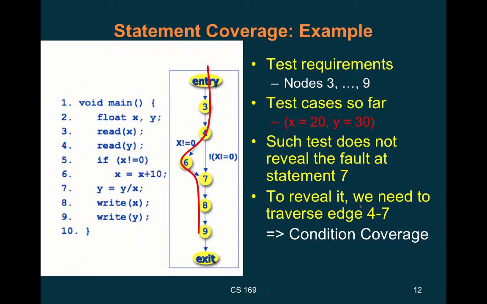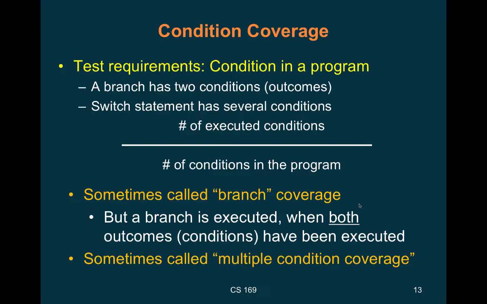So that leads us to condition coverage, which is, again, very commonly used in practice as a supplement on top of statement coverage. So the idea is that now, instead of counting how many statements, we're counting for every branch how many of its outcomes, or edges, are exercised.